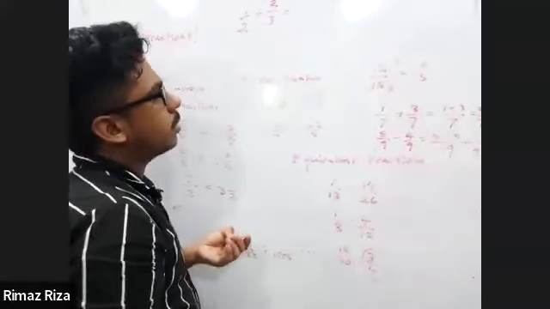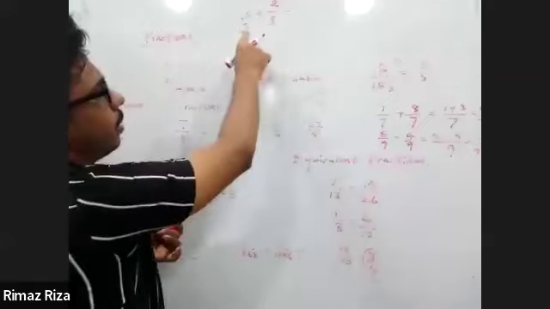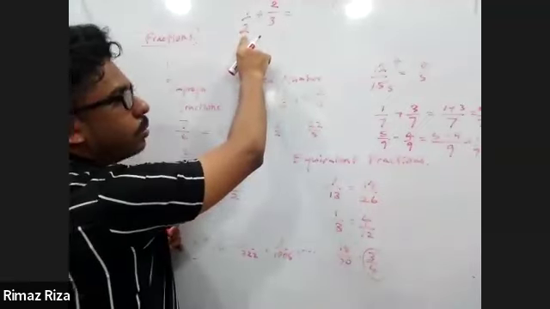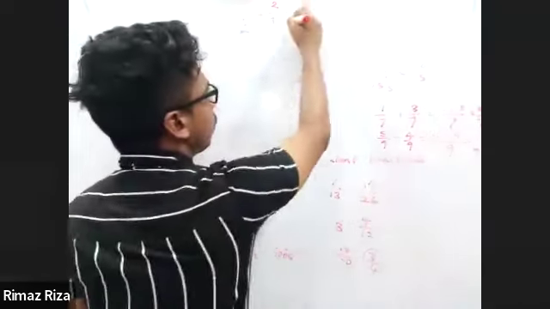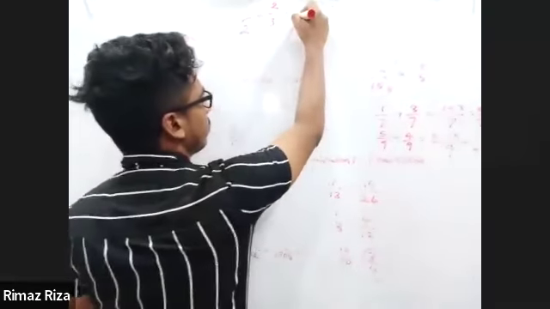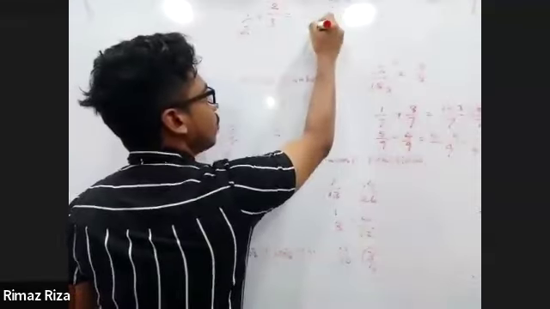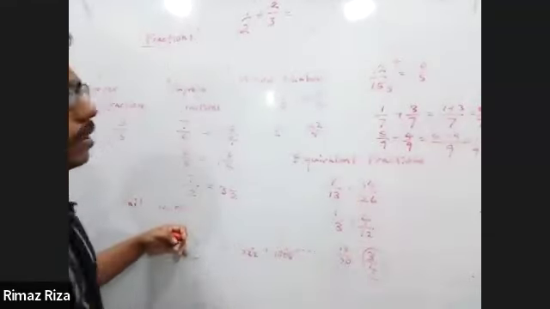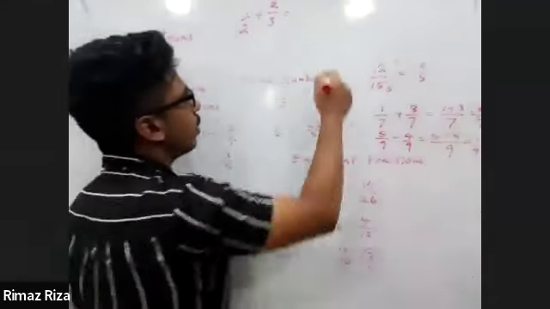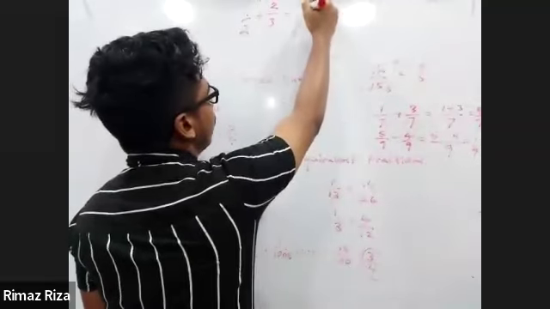To find that, we have to find the LCM, least common multiple of 2 and 3. The least common multiple of 2 and 3 is 6. Okay. If anyone has any doubt about what is a common multiple, you can again check the previous video.